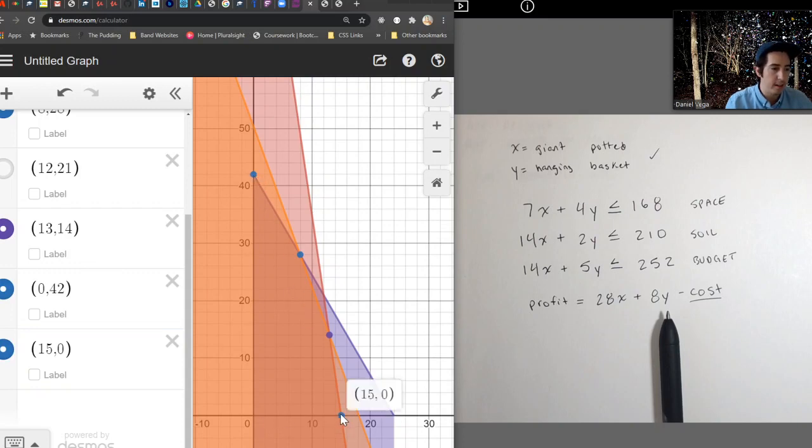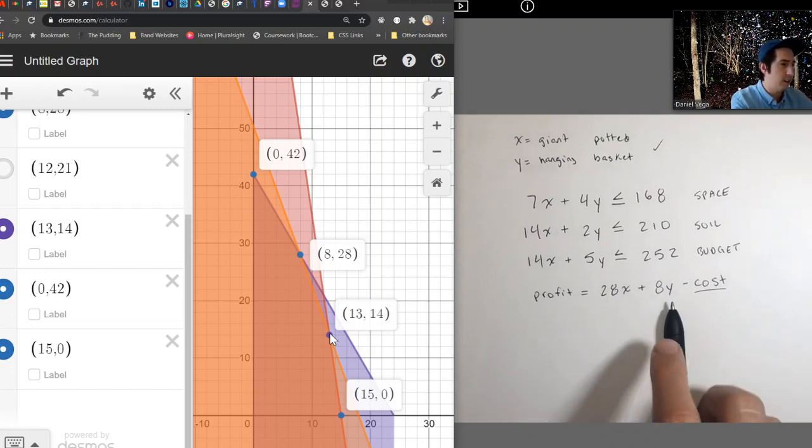This point here, 15.0, is the maximum you could get if you're only buying giant potted plants. This point at 0.42 is the maximum you could get to meet all the conditions if you're only buying hanging basket plants. This point at 8.28 is 8 giant potted plants and 28 hanging plants, and there's this point here, 13.14. Those are all points that are good.